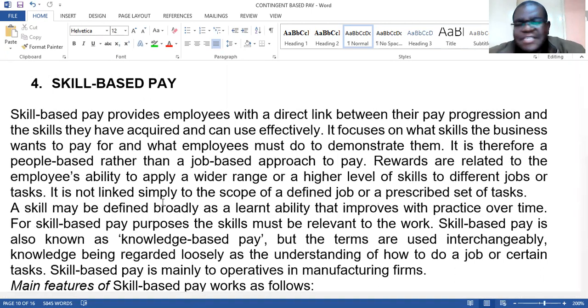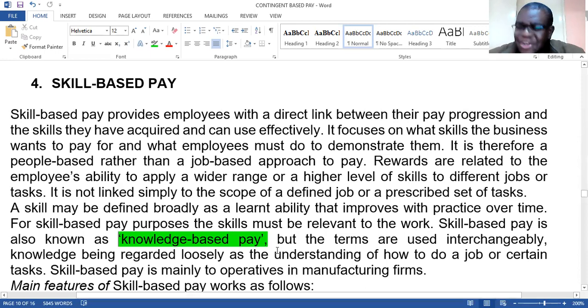Scheme number 4 is a skills-based scheme. For the skills-based scheme, what we are saying is you structure a reward system such that you've identified the critical skill set that individuals ought to have in the organization. Then the package that you will be rolling out would be recognizing this skill set.